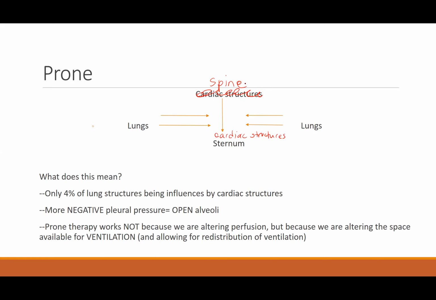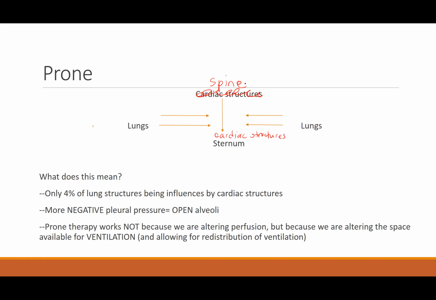So what that allows, less pressure on the lungs, a lower pleural pressure around the lungs. I'm going to be able to really open up these alveoli, really improve the ventilation portion.